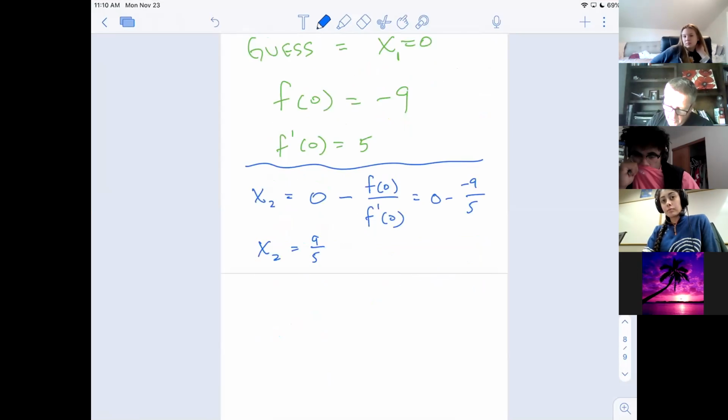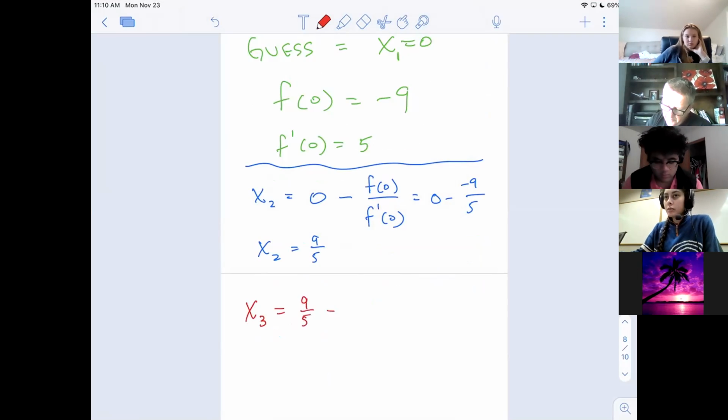So let's go find the next guess. How do you get x3? X3 would be the previous guess, 9/5, minus the function evaluated at 9/5 divided by the derivative evaluated at 9/5.